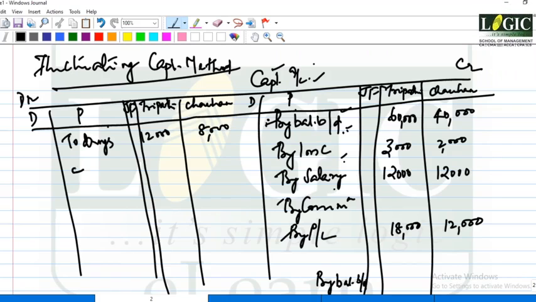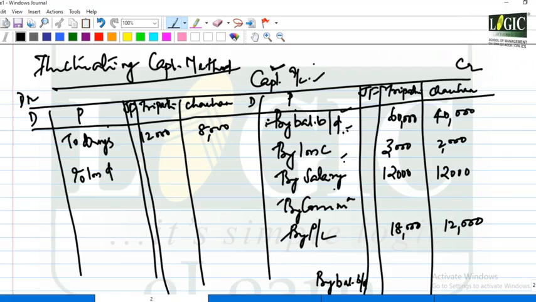Interest on drawings is something payable by the partner to the firm for the money withdrawn from the business funds for personal use. It is an income to the firm and an expense to the partner. Since this relates to the partner, it is put on the debit side.